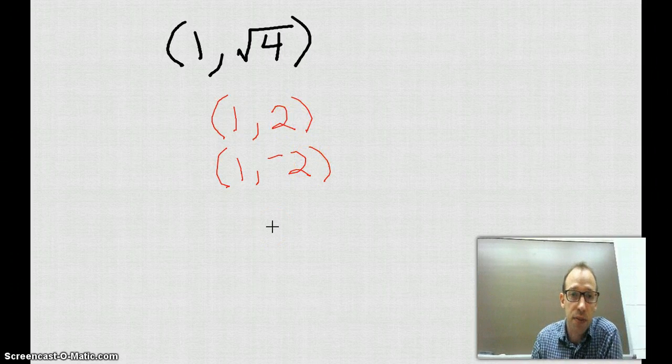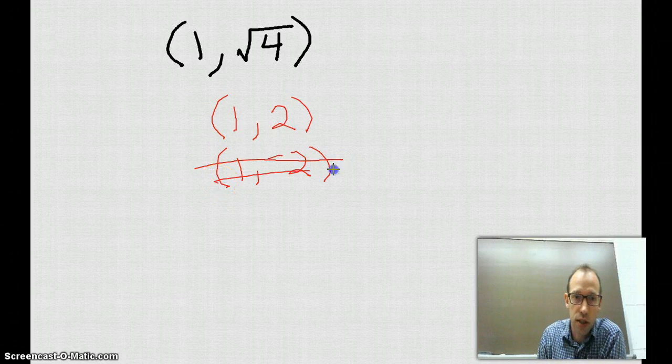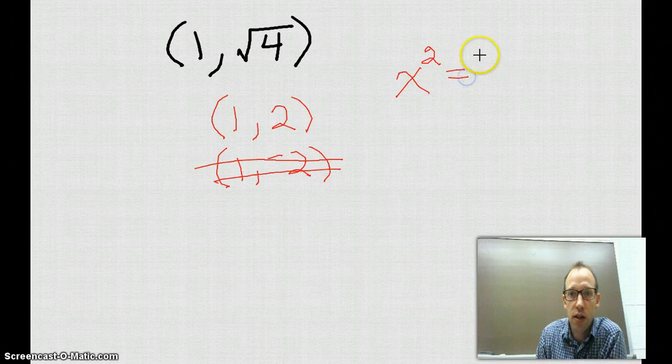It's a great observation. As it turns out, we do not include this one here. When you see this square root of 4, that only includes the positive square root. So you may be thinking of situations where you have an equation like this, and you have to solve it by taking the square root of both sides.